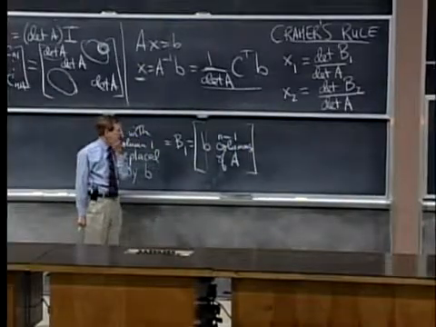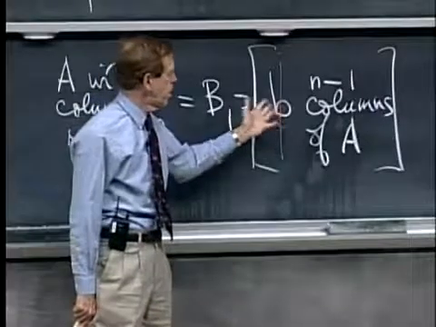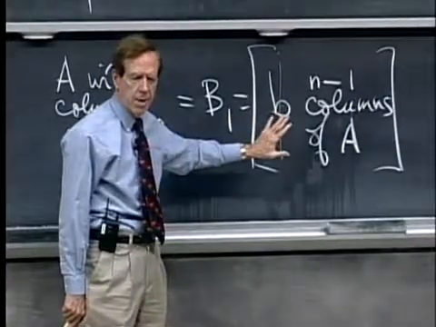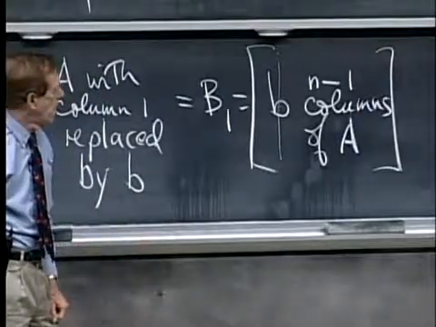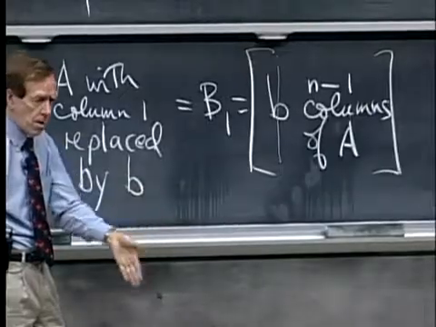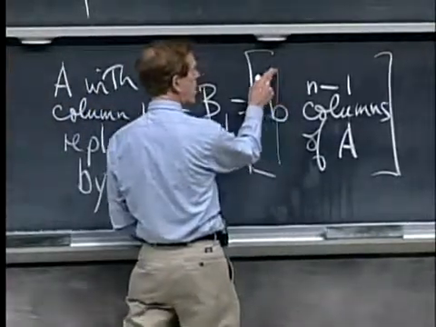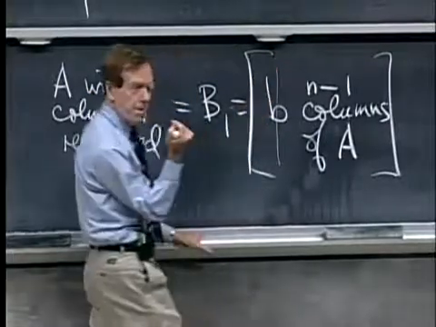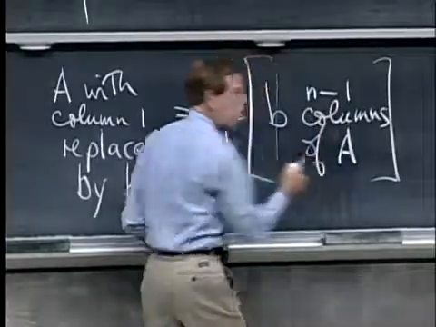Well, how could that be? So what's the determinant formula I'll use here? I'll use cofactors, of course. And I might as well use cofactors down column 1. So when I use cofactors down column 1, I'm taking the first entry of B times what? Times the cofactor C11.